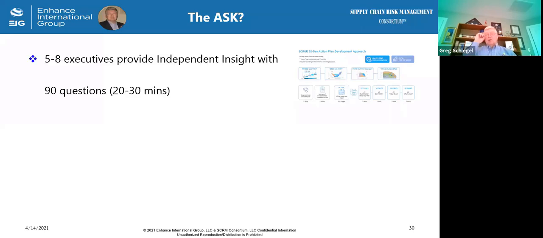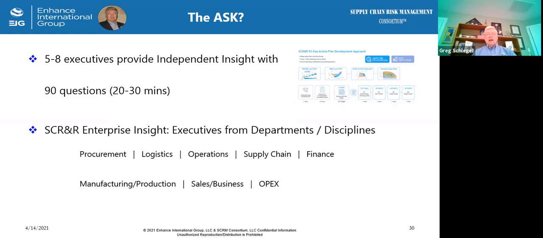We're just reiterating here, 5 to 8 executives, independent insight. We want that variability. We want that different perspective. It's going to take you 20 to 30 minutes. If you're a manufacturer, these are the types of departments and disciplines we're looking for to get that diversity in terms of risk perspective and so forth.